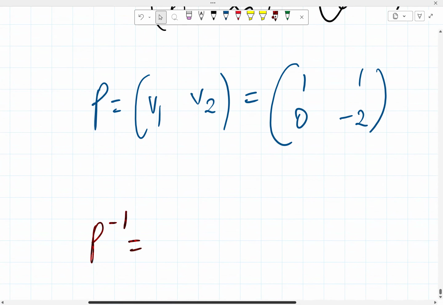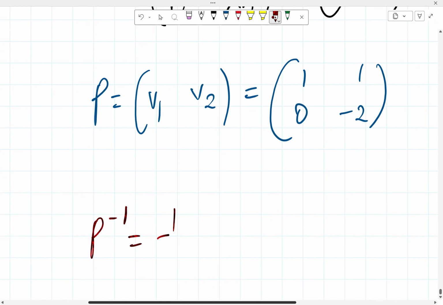So for P inverse, it is 1 over the determinant of P, times the adjugate. The determinant here is simply minus 2, that's minus 2 minus 0. So that's minus 2 into, we switch 1 and minus 2. So this is minus 2 here. This is 1 here. Then this 1 and 0 will remain. So this will be minus 1. This will be 0.